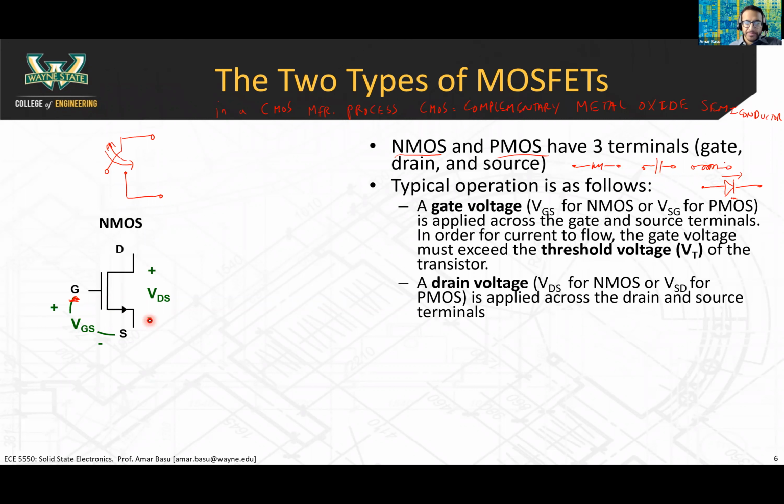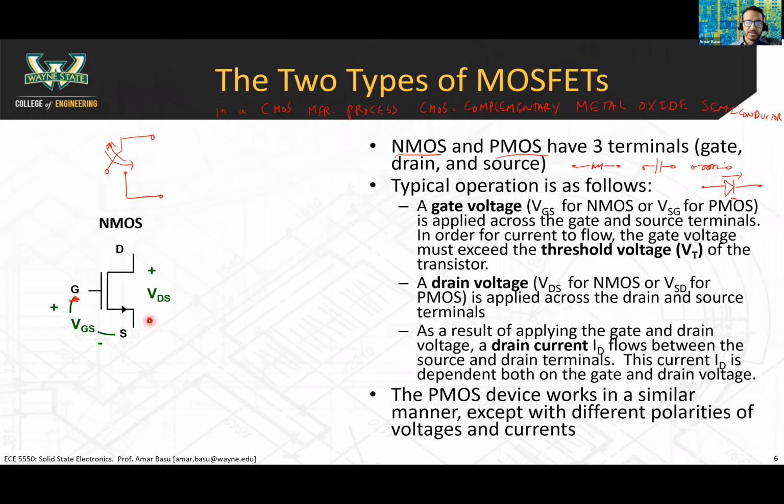And then you will end up getting a drain current flowing between the drain and the source. So that's the NMOS device.